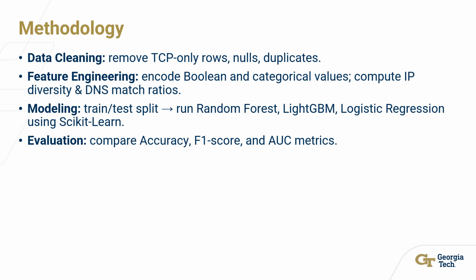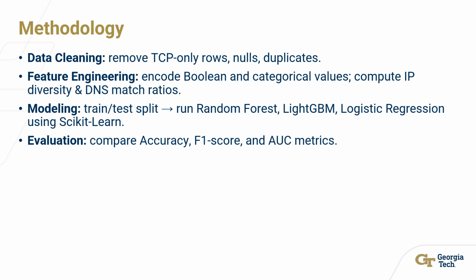Okay, so onto methodology. Our workflow starts with data cleaning, which removes incomplete rows and non-DNS related data. Then we perform feature engineering, which was important prior to running the machine learning pipeline. That included encoding booleans and categorical variables and calculating features such as IP diversity and DNS match ratios.